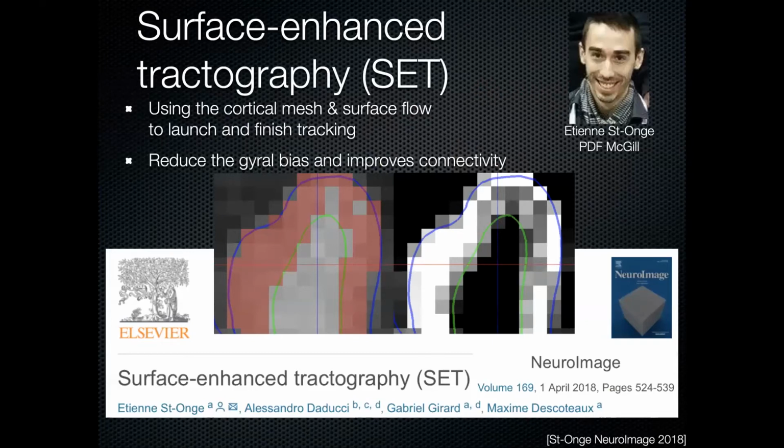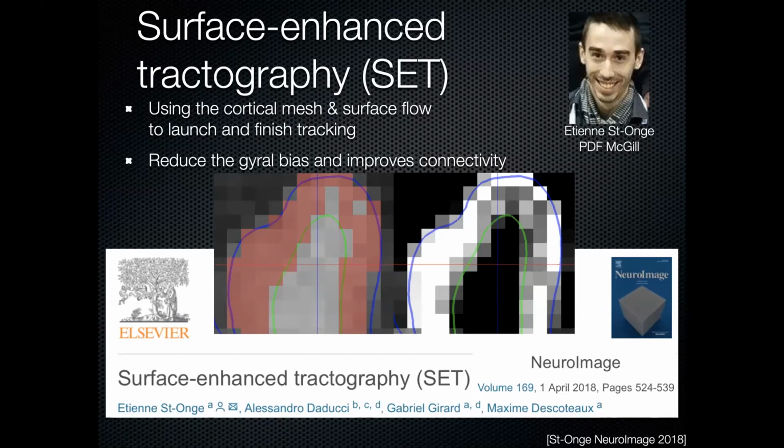This geometrical flow will help seed and terminate tractography in a new computational framework that we called SET, Surface Enhanced Tractography. Basically, SET can be plugged in any underlying existing tractography algorithm, whether it's MRtrix or deterministic or probabilistic tractography.